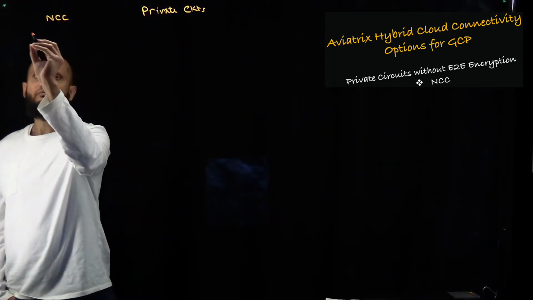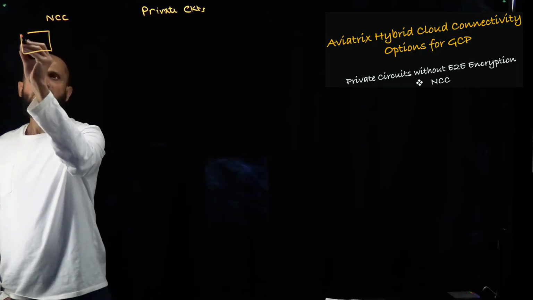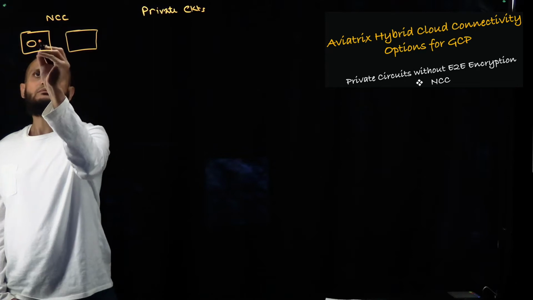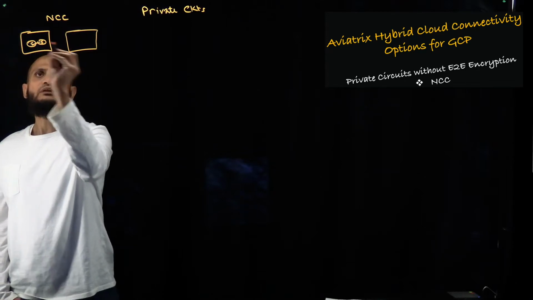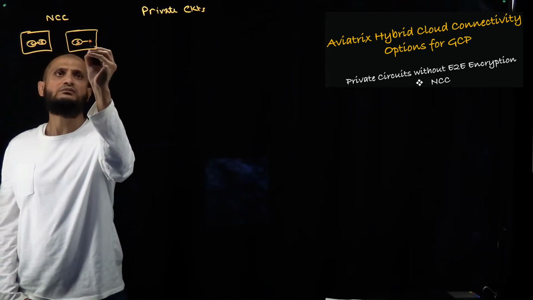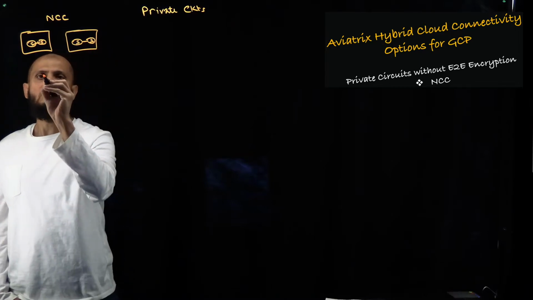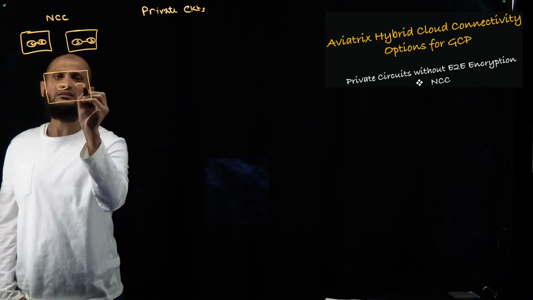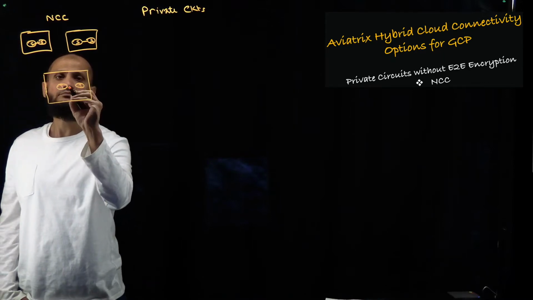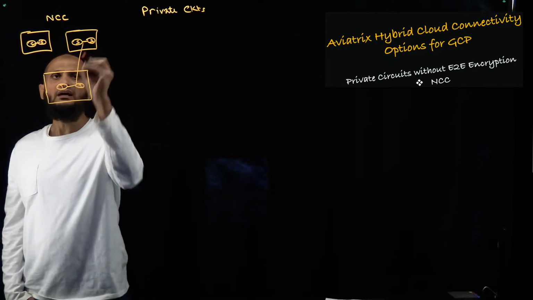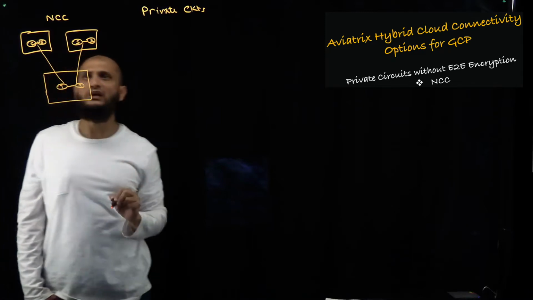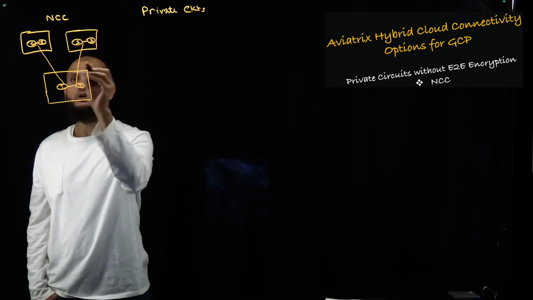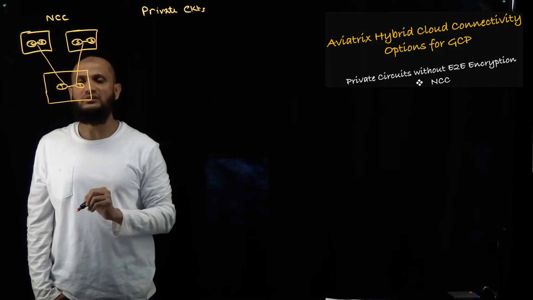We do have the Aviatrix spoke and transit architecture, Aviatrix spoke gateways, and then Aviatrix transit gateways in the transit VPC. You attach spoke gateways with the transit gateways. As I explained previously, I'm showing only one connection between the spoke gateways and the transit gateway.